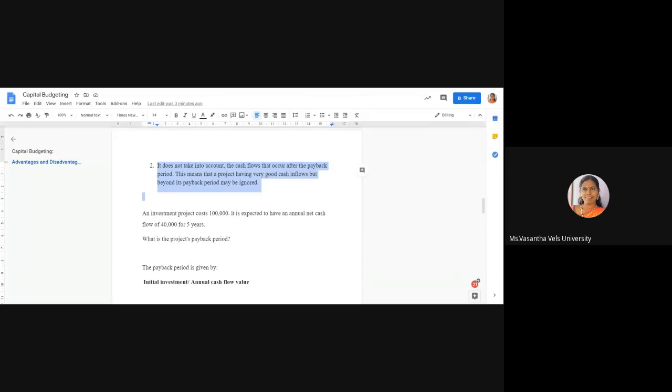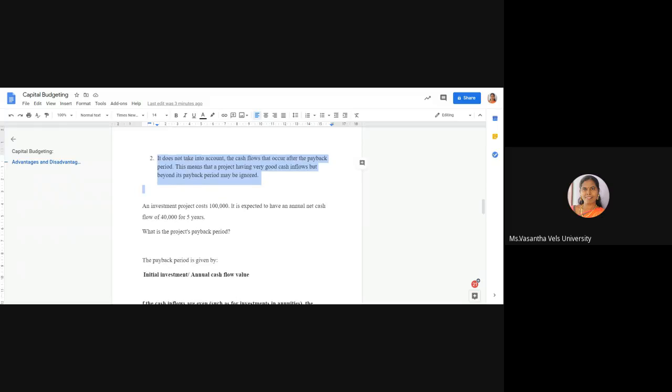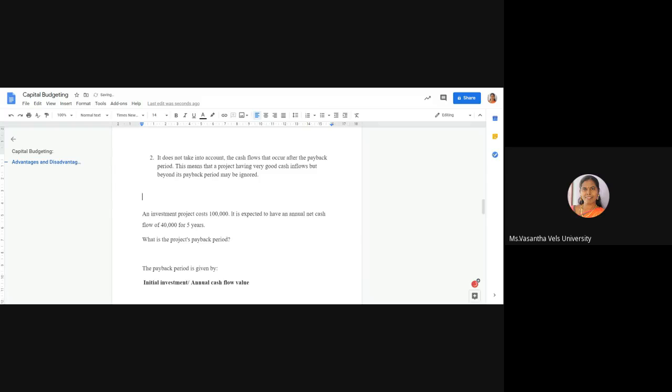When you are doing the problem, there are two important things in the payback period method. Just note down, write the heading payback period. Two important things. Please all of you copy it.